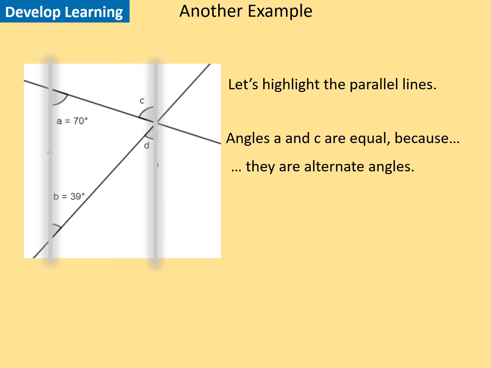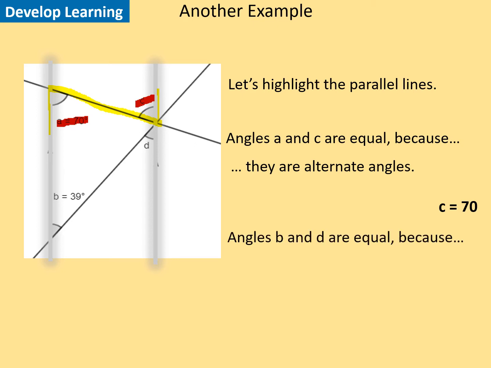If we use our Z shape, and I can do this for you now, we can see that both of these angles are in the interior region and on opposite sides of the transversal. So we can say that C is equal to 70.